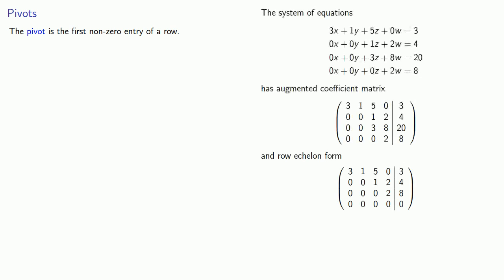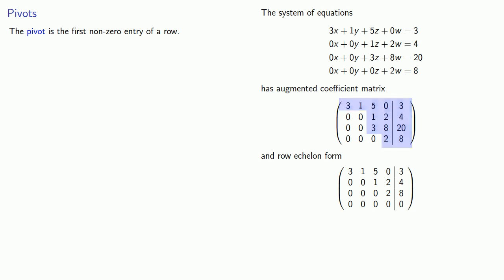The pivot is the first non-zero entry of a row. So if I have a system of equations with augmented coefficient matrix, then the first non-zero entry of a row is going to be the pivot of that row. So for this matrix, our first row pivot is 3, our second row pivot is 1, our third row pivot is 3, and our fourth row pivot is going to be 2.